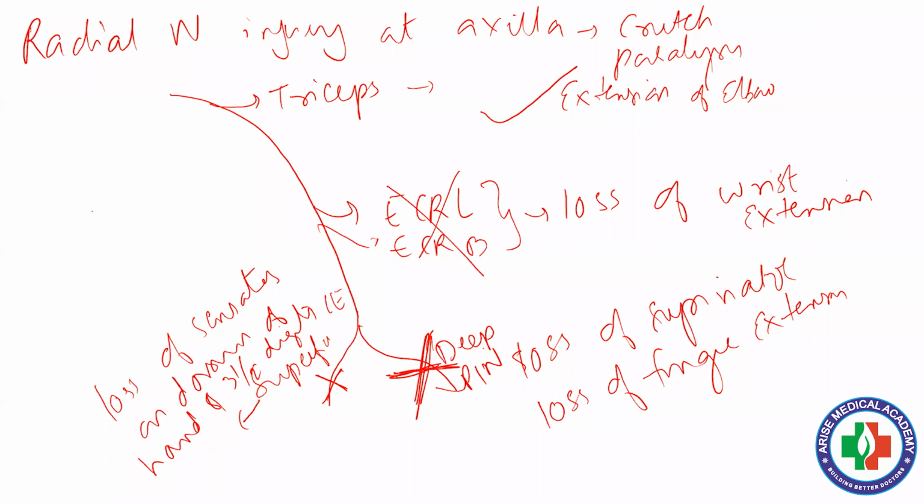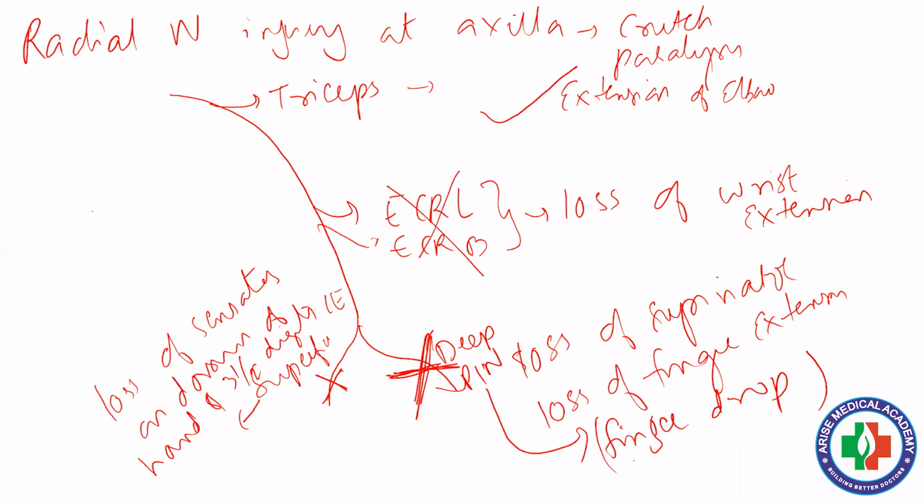The posterior interosseous nerve is a purely motor nerve. The sensations are supplied by the superficial part only. So it will be purely motor loss, loss of extension of the fingers. So posterior interosseous nerve injury will lead to finger drop only, not wrist drop or loss of extension of the wrist or elbow. They will not be affected.